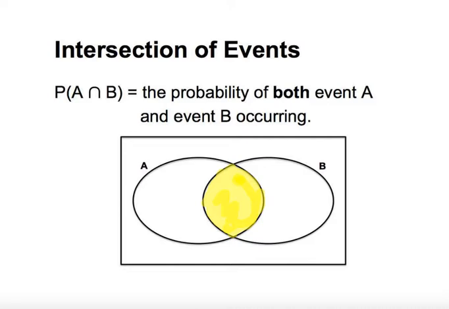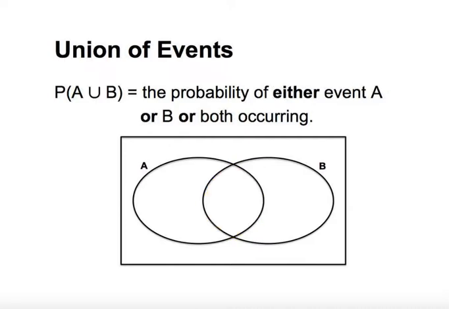Now, this is another really important bit of theory, the union of two events. These link quite closely to the "and" and "or" at GCSE, but are slightly different, so just be careful with them. The union means the probability of either event A or B or both occurring.